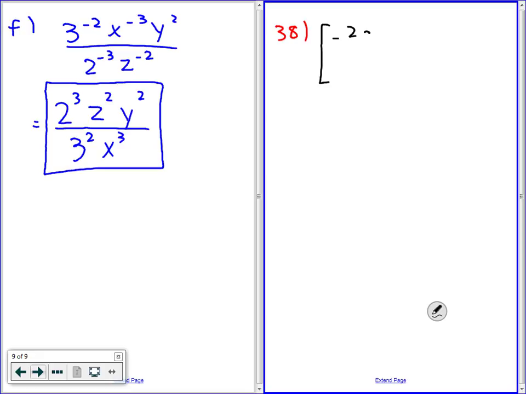And I can't see this. Somebody just confirm that for me. What is that? Correct?